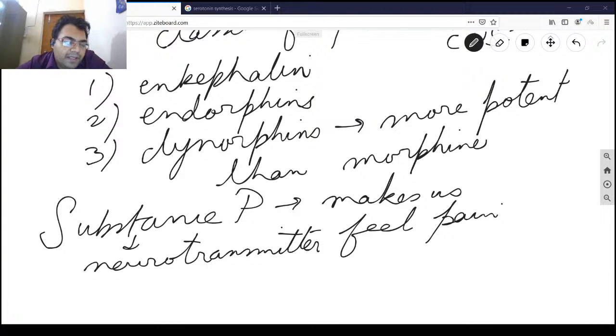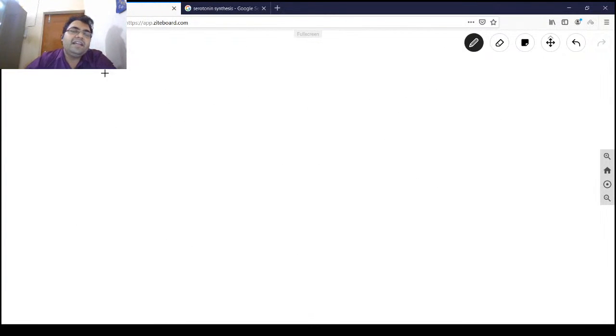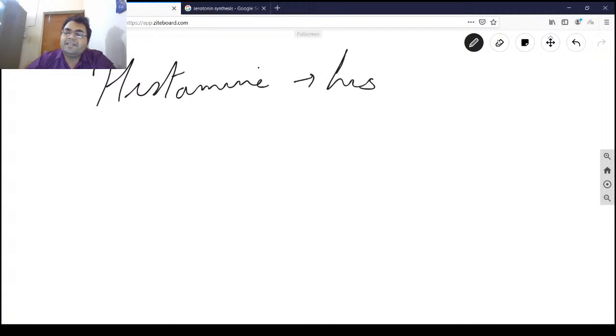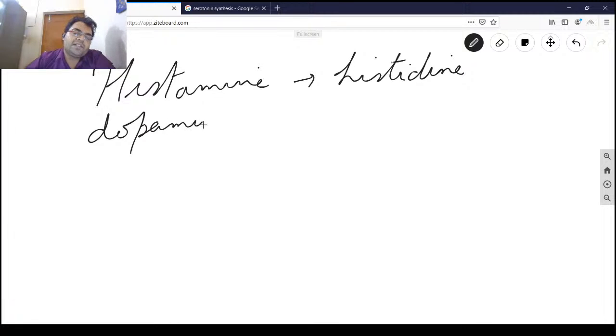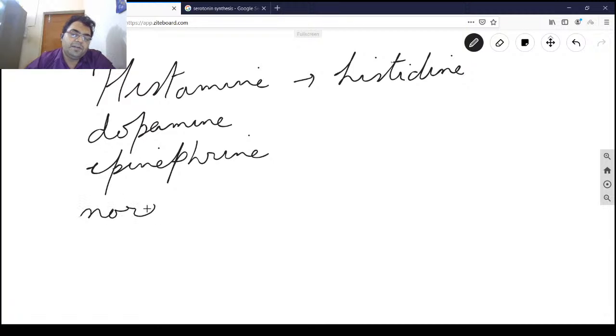If you talk about histamine, you might have heard of histamine produced by the degranulation of mast cells which cause allergy. Histamine is produced from the amino acid histidine. This is also a neurotransmitter. Then dopamine, epinephrine, then you have norepinephrine.